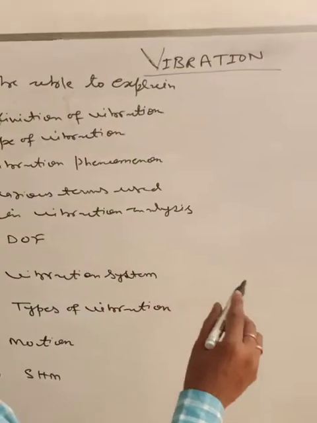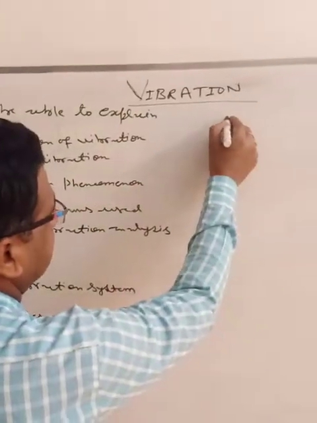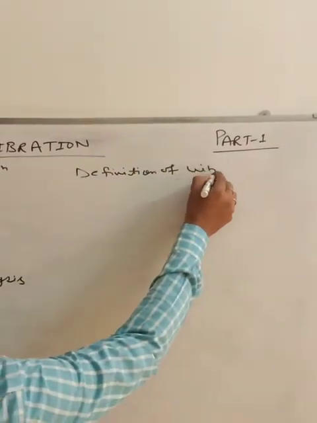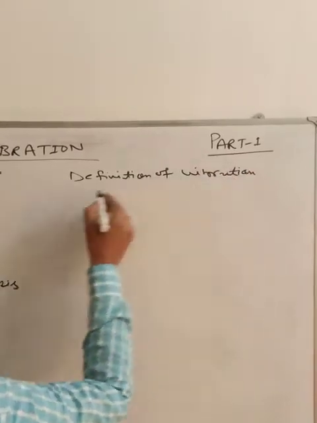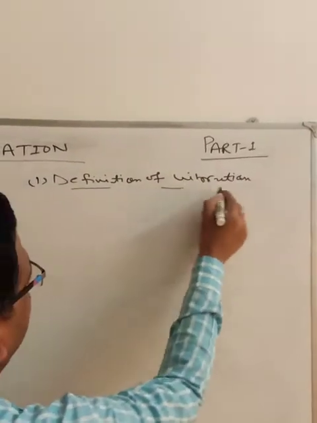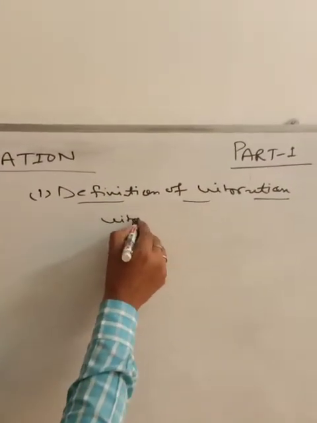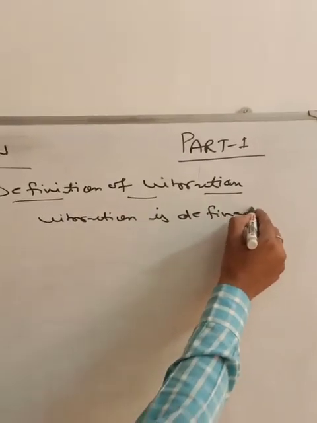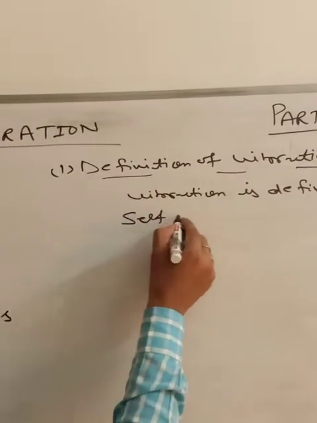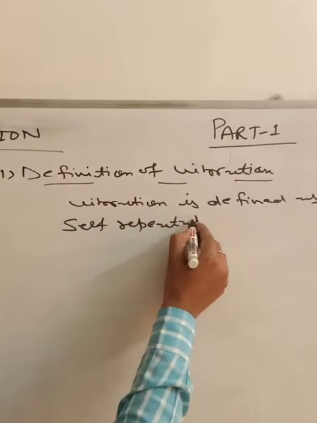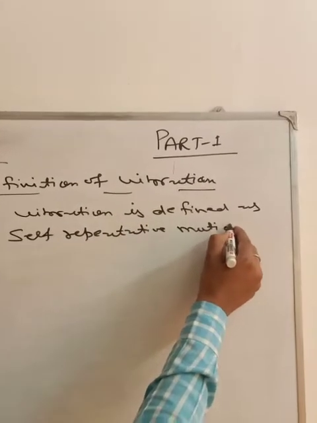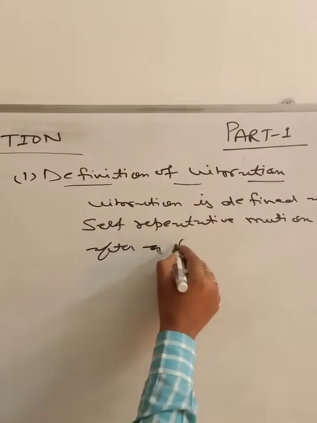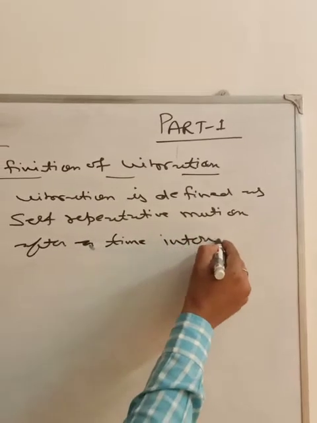Let us start with the definition of vibration. Vibration is defined as self-repetitive motion after a time interval.